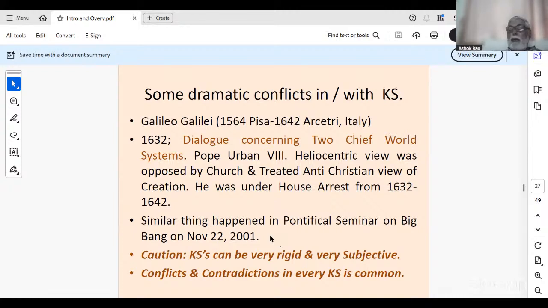Similar thing happened to the Big Bang. There was another Vatican seminar on November 22nd, 2001. See, you have to be cautious. All knowledge systems can be very rigid and very subjective. Conflicts and contradictions in every knowledge system are common, like what you experience in your department or in your university. So many rules are ridiculous. You don't know how to manage.